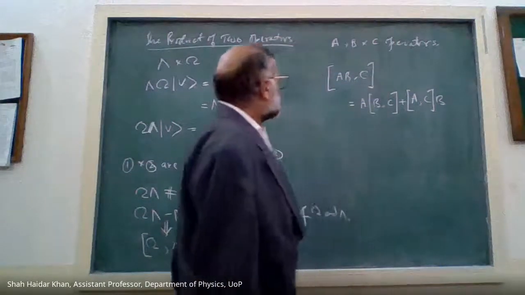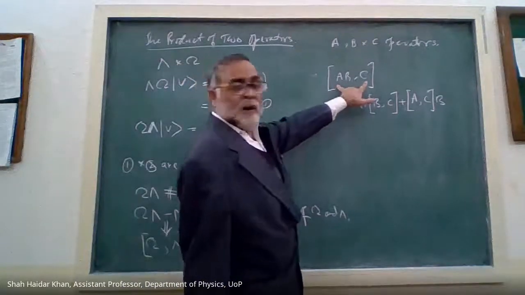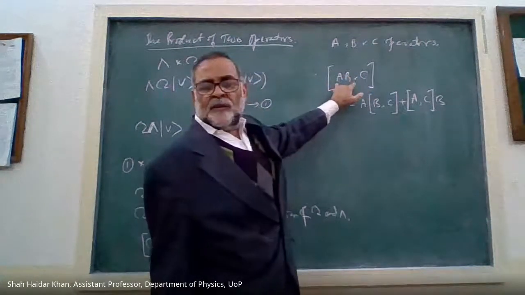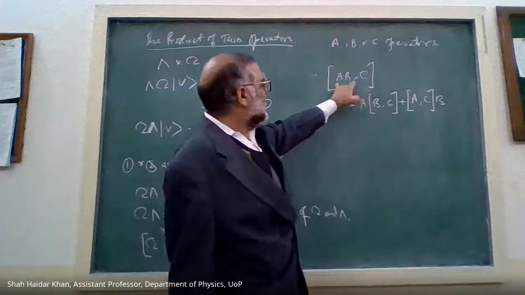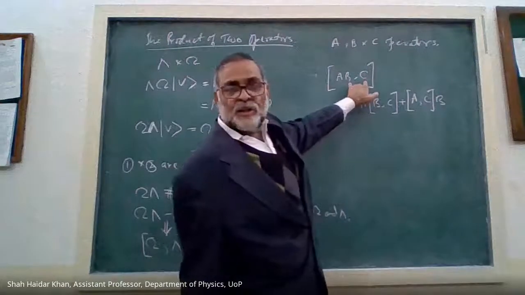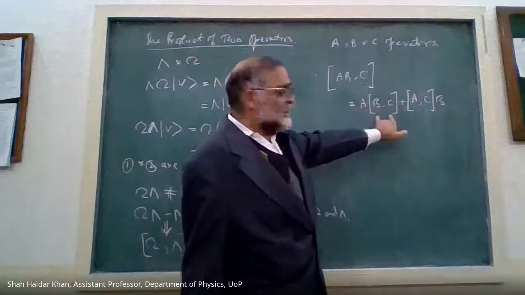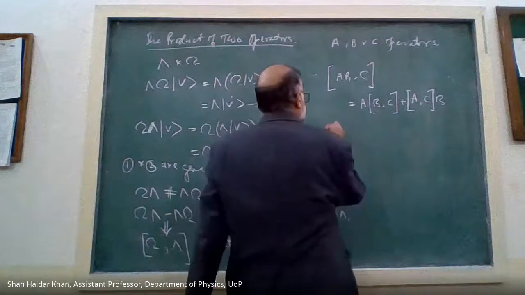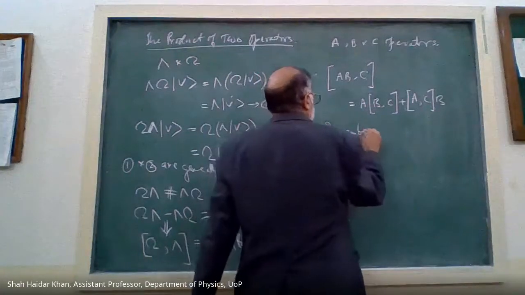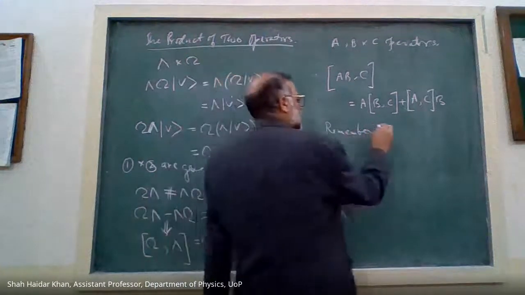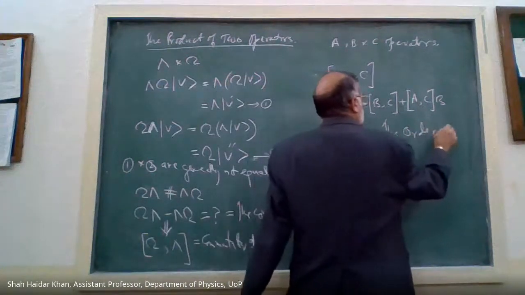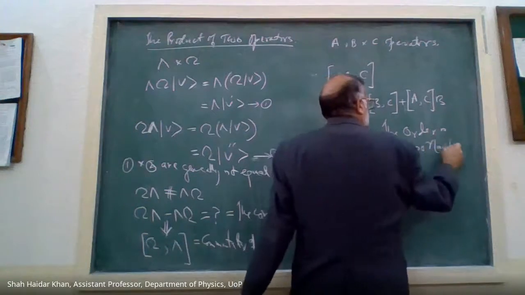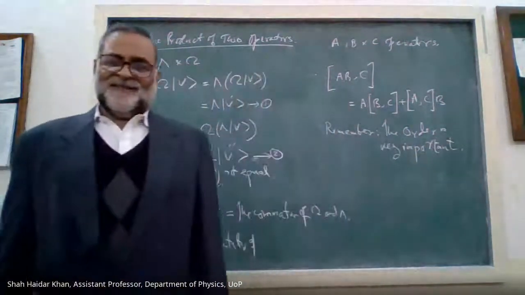Here the first operator is a product of two, so we have to find the commutator first and then apply it here. Remember, the order is very important.